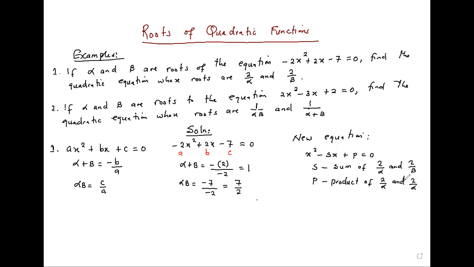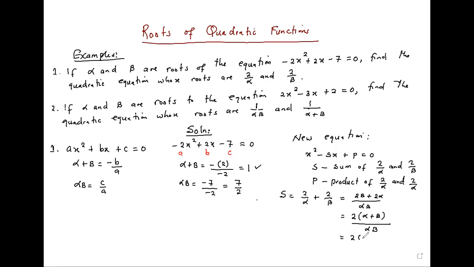So we get the sum. So let's get S. S is equal to 2 over alpha plus 2 over beta. The common denominator is alpha beta. Then alpha into alpha beta, we get beta, and then we get alpha. We factor out 2, then we'll have alpha plus beta on top, and down alpha beta. Well, but we know what alpha plus beta is. It's 1.